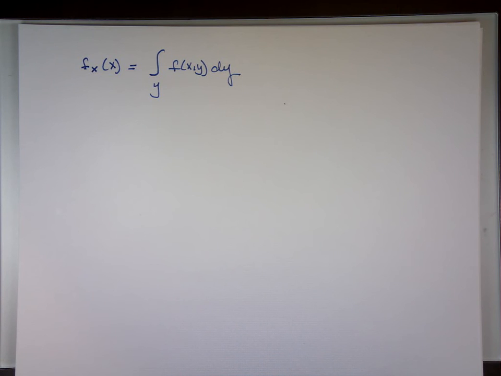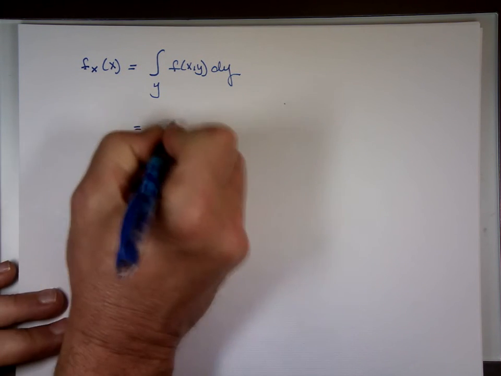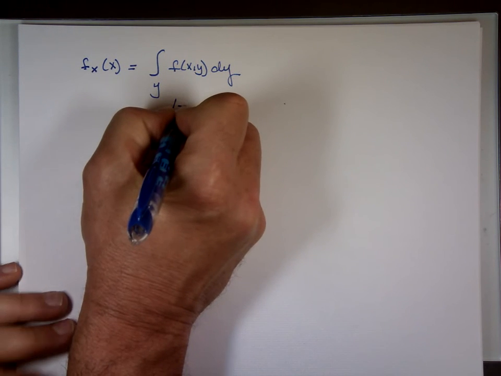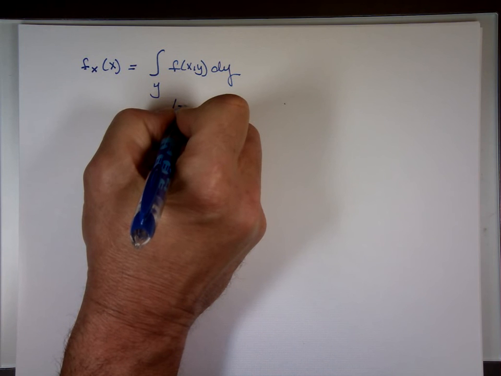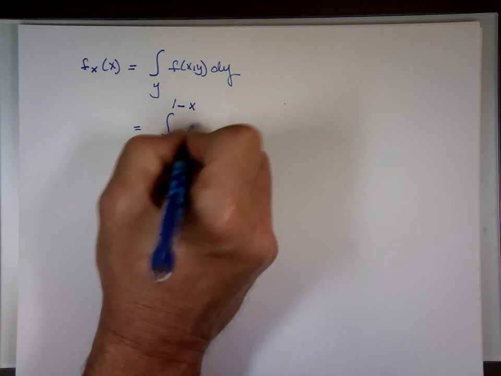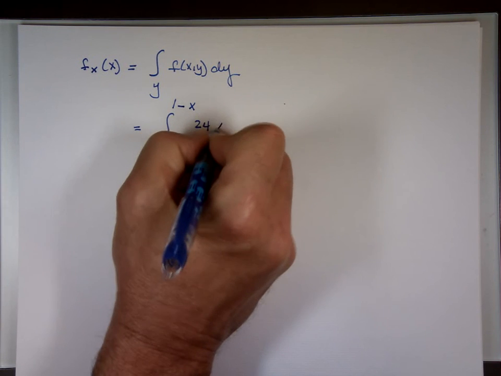And that will go from 0 to 1 minus x, 24xy dy.